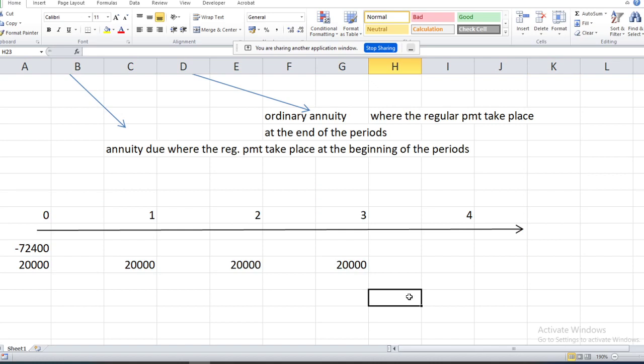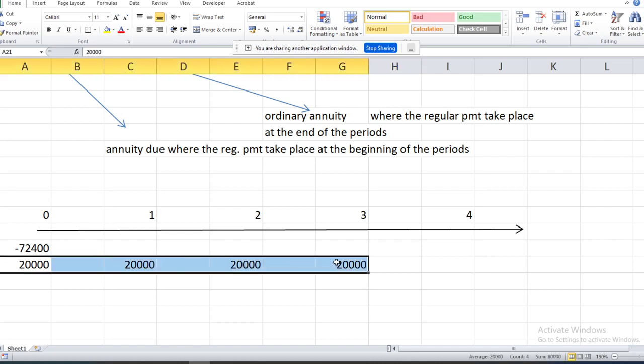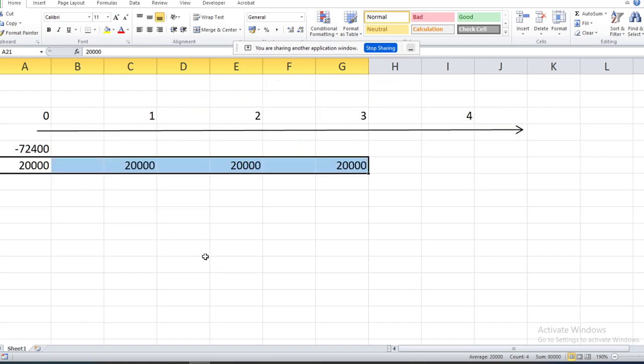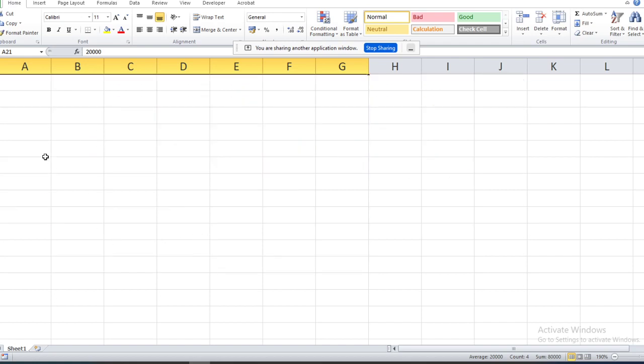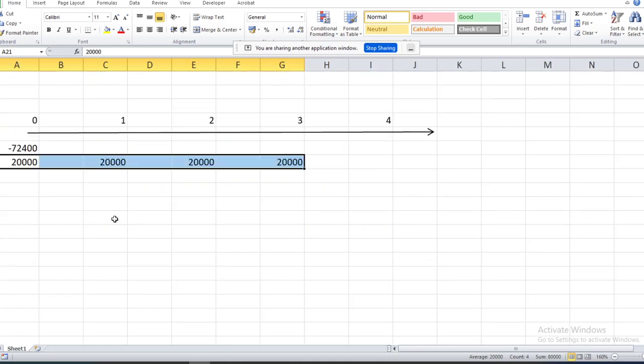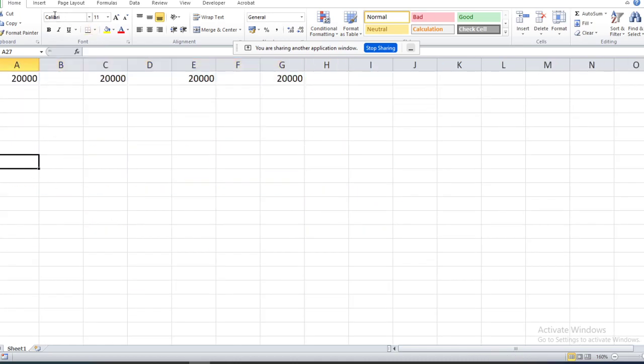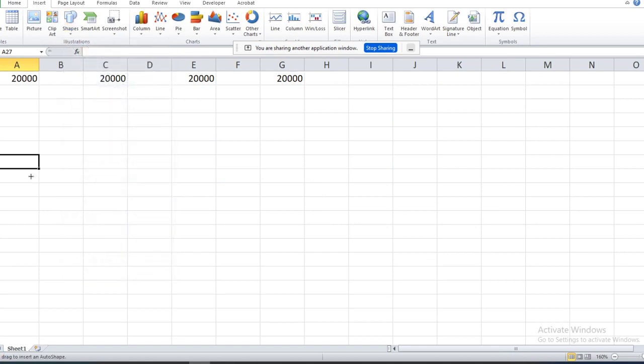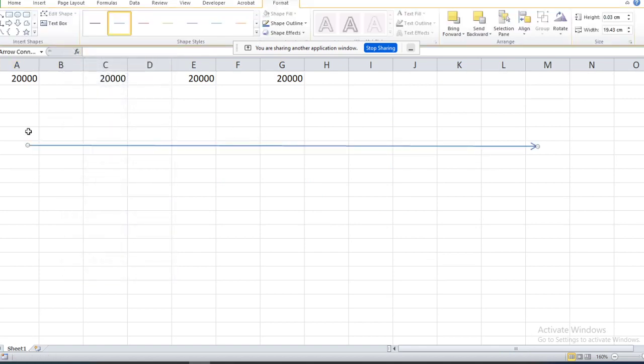So there it is, and let's calculate something else to show us the differences between an ordinary annuity and an annuity due. Okay. So let's have another example over here. Zoom out a little so I can have a longer timeline, more years if they can fit.